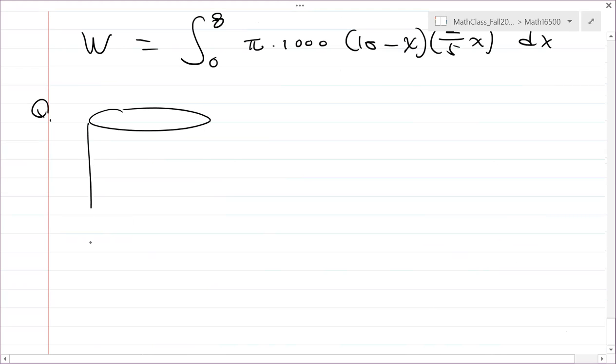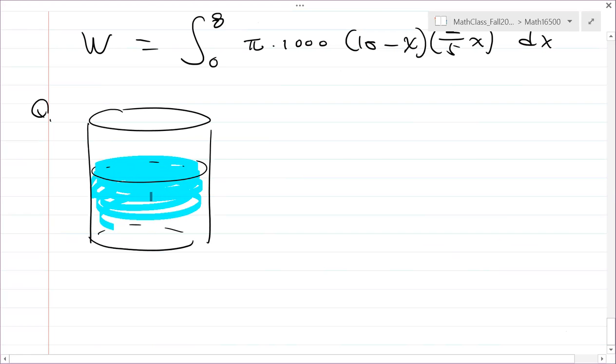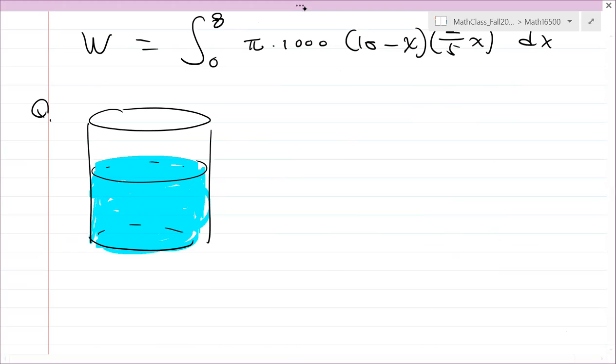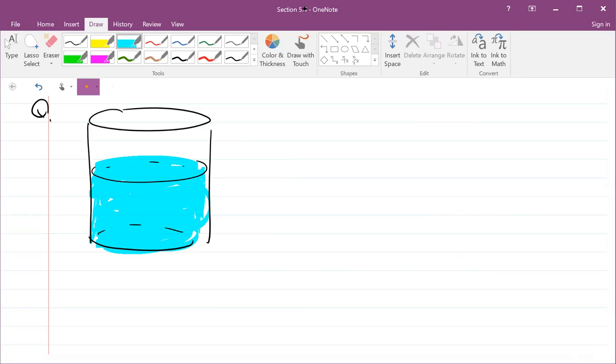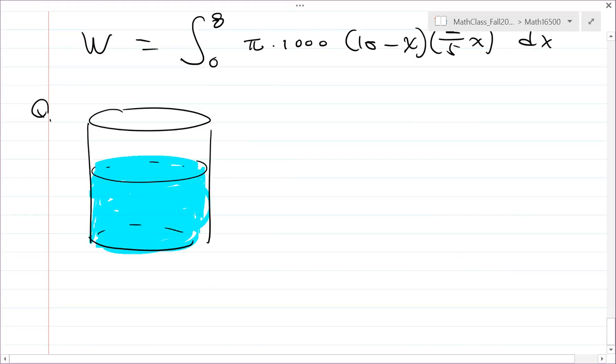Okay, here's a cylinder. The original one is going to be 20 centimeters, and here's a 30 centimeters box.